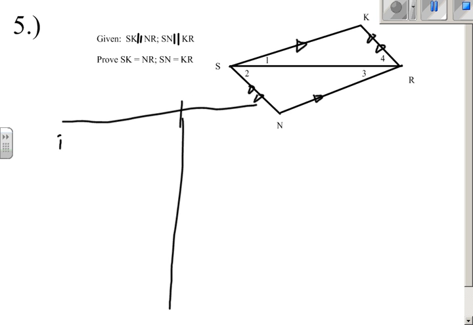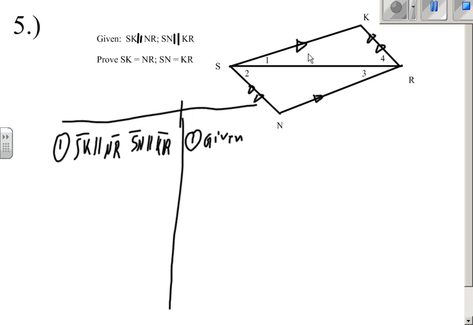And step 1, I'm going to say my given, SK parallel to NR, and SN parallel to KR. And that's given. Now if we look here, we want to prove these two triangles congruent. Well, if we have parallel lines, we know that alternate interior angles are congruent.